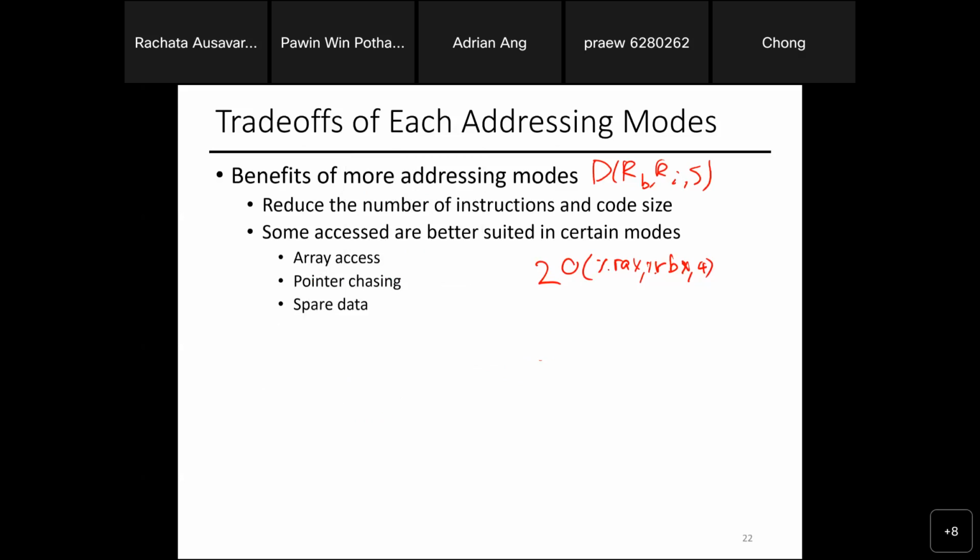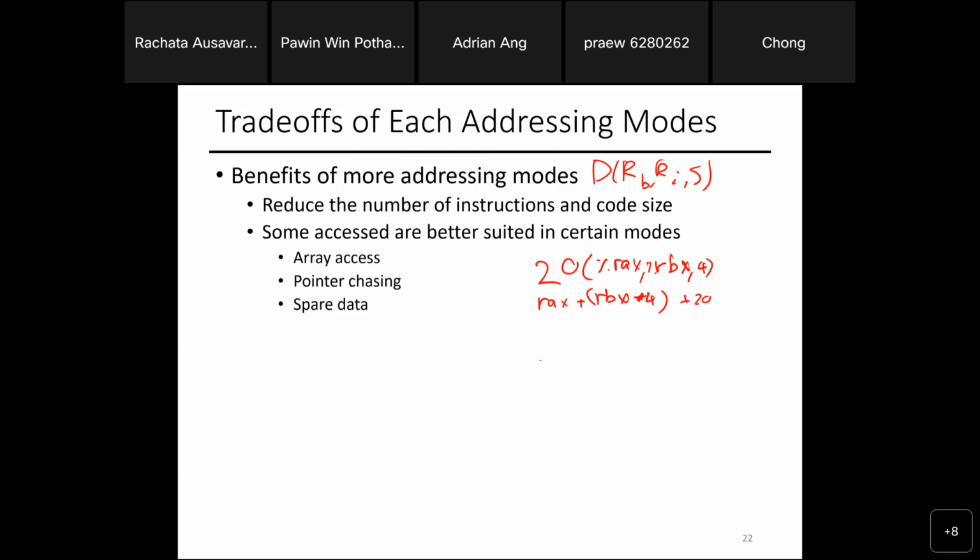That's okay, right? This basically means I have RAX plus RBX multiplied by 4, plus 20. And these are useful when you want to do array access, for example. Let's say you have A of I and A is an integer array. You want to make sure your pointer starts from the base.